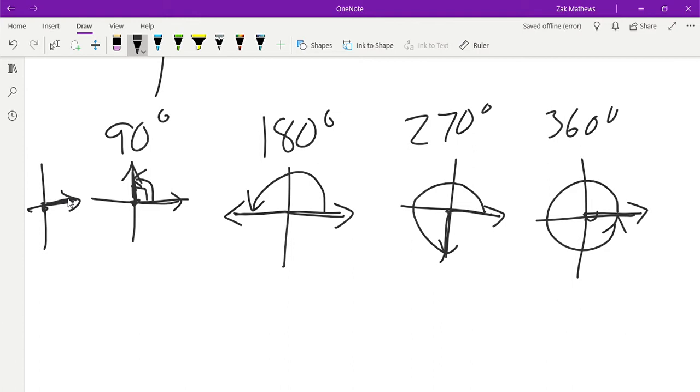So notice that we actually get the same terminal side with both 0 and 360. Those are what are called coterminal angles. And coterminal angles are angles that share the same terminal side.